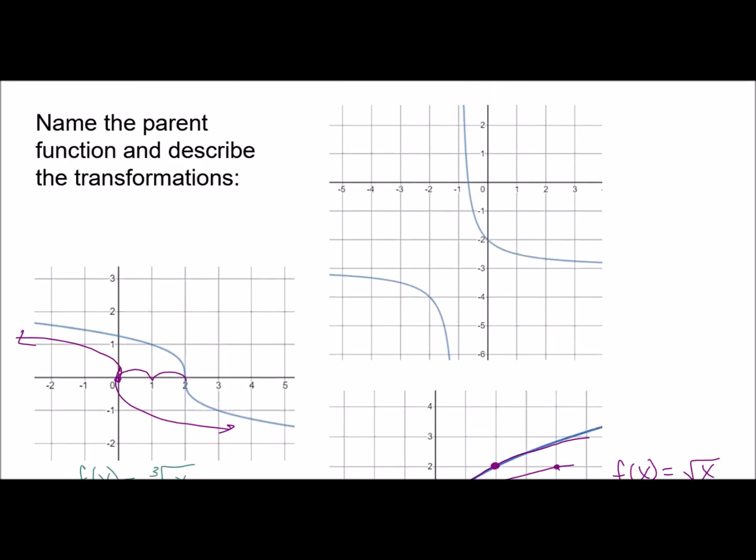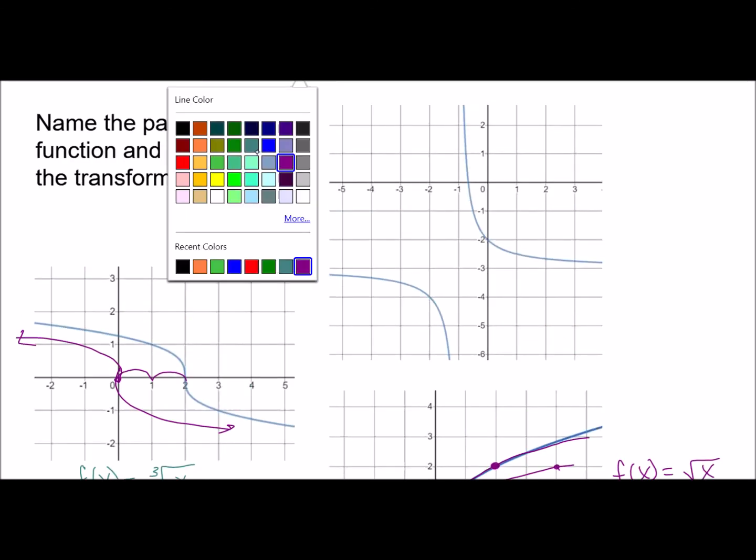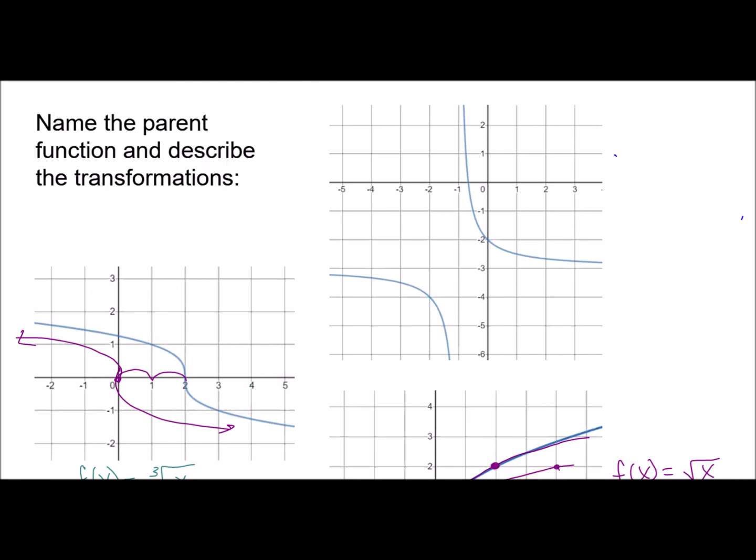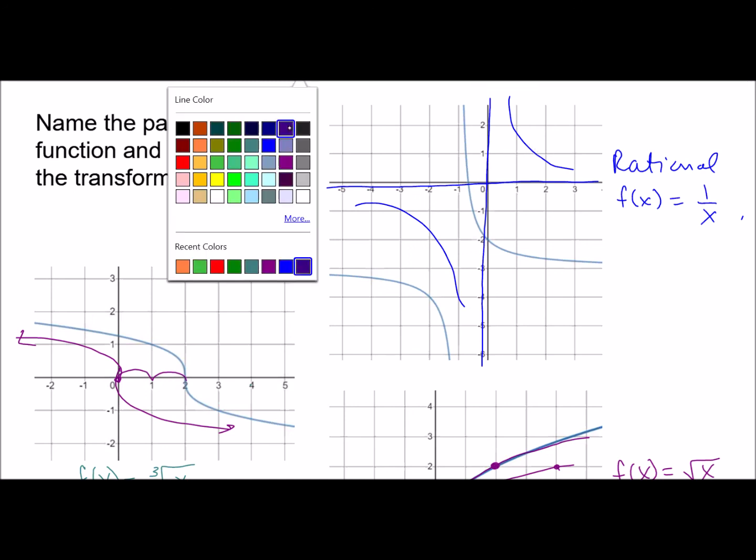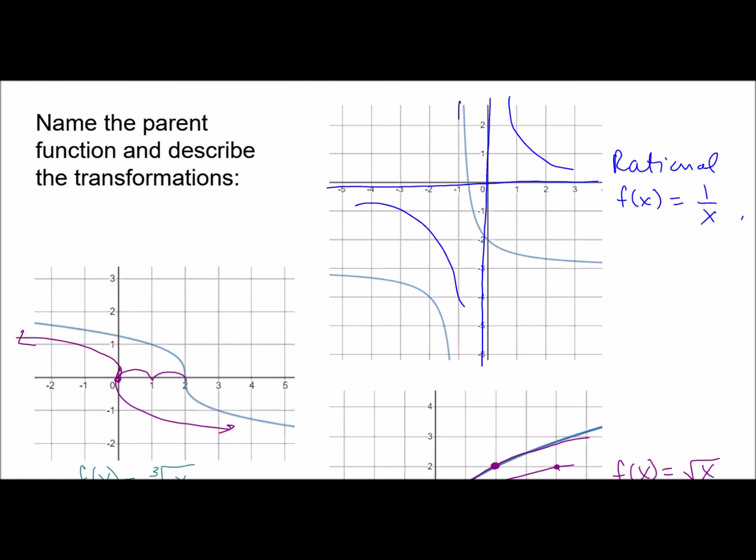This one, if you look at your parent function sheet, is the rational function. Normally it looks like this, and it's got those asymptotes, and it's got these curves that look like that. Now you could use key points, but I think the easiest way is to find its new crisscross, its new asymptotes, and just describe how that's changed.